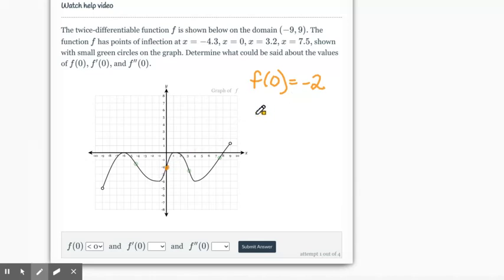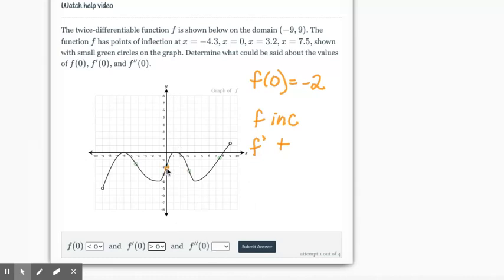So if f is increasing, then f prime is going to be positive. So I'm going to say f prime is positive.